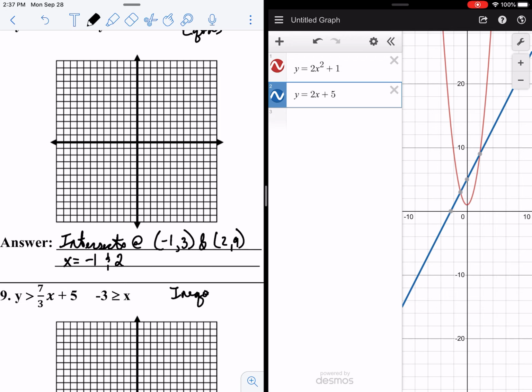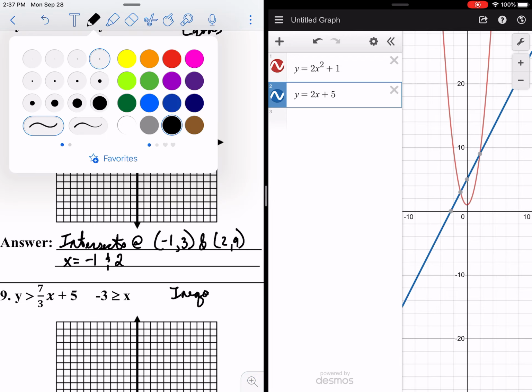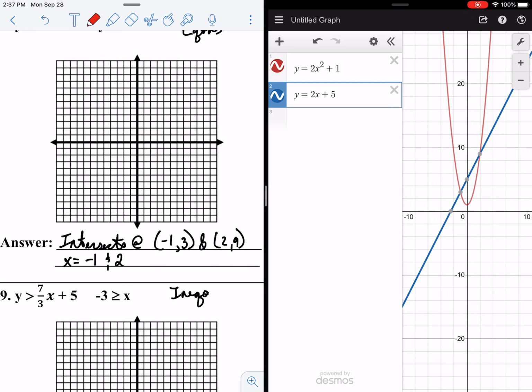If you want, I'll let the graph be here just so we can get a picture of it, but I'm not going to make it 100% accurate. It looks something like this, where this point is (2, 9) and over here is (-1, 3).